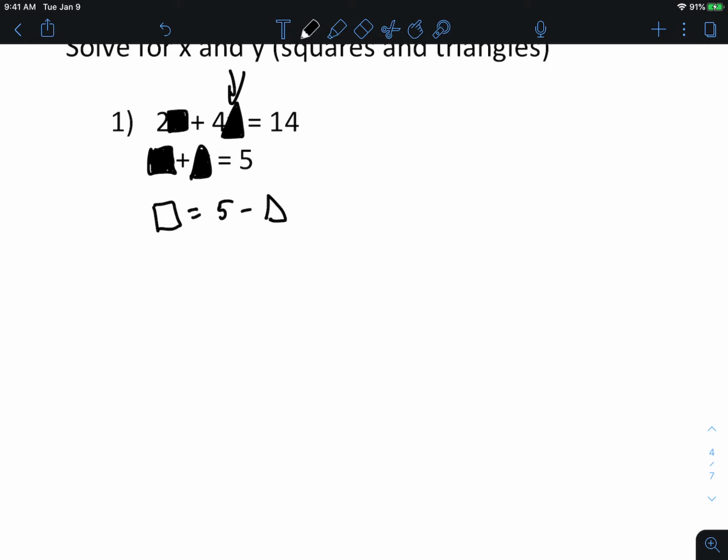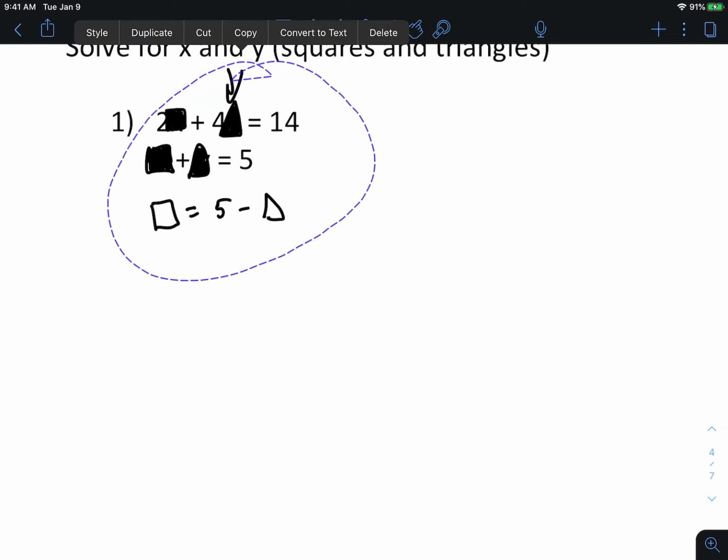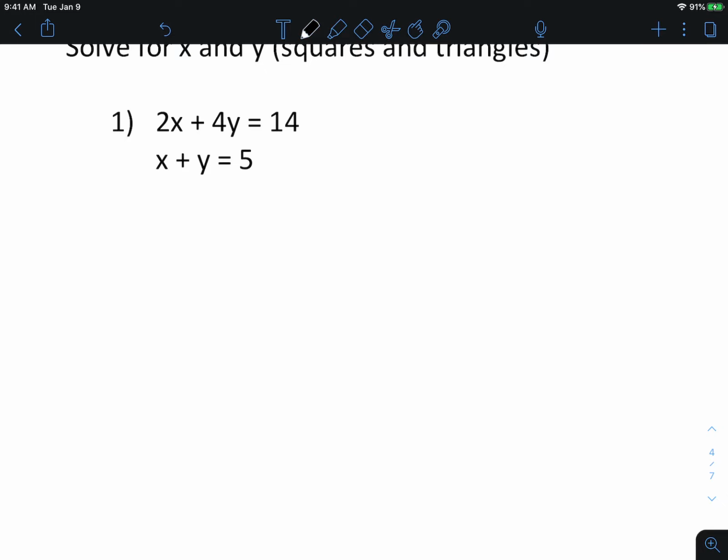I'm just going to redo this here. Start fresh. 14. Now we want these together, so we're going to have to do 10 plus 2y plus 1y.